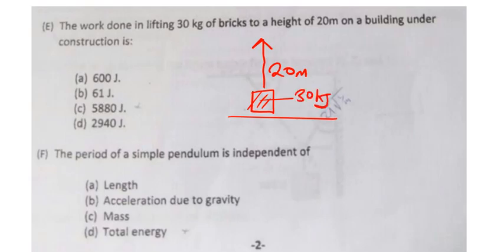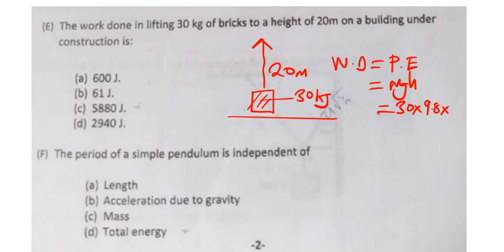Now the work done in lifting, in this case, will be due to potential energy. The potential energy is the mass multiplied by the acceleration due to gravity, 9.8, multiplied by the height.